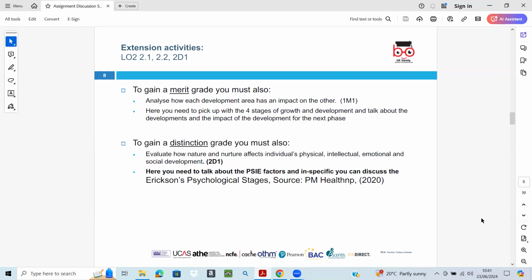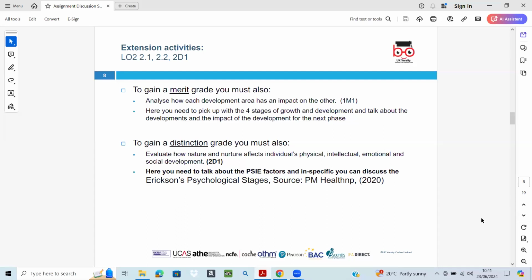Then we have to highlight the development and then the next stage. Okay, we can highlight the physical, intellectual, emotional, and social development across the life stages and analyze how progress in one area facilitates or develops another.